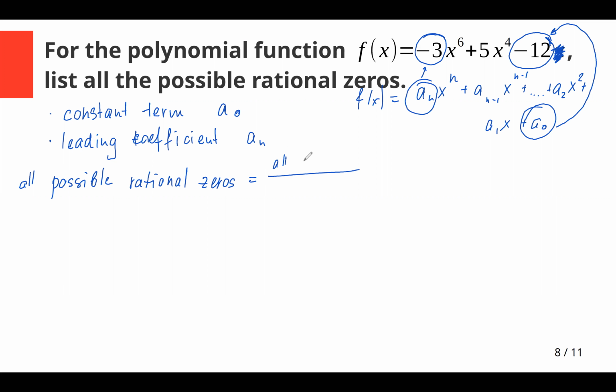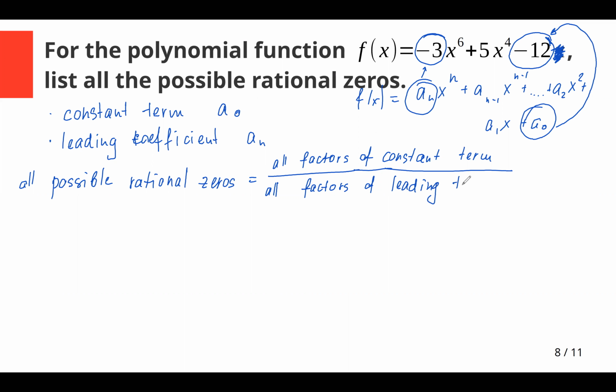So all factors of the constant term over all factors of the leading term. That was the formula that we were using, right? And what we did there is we did them with the signs, plus and minus.